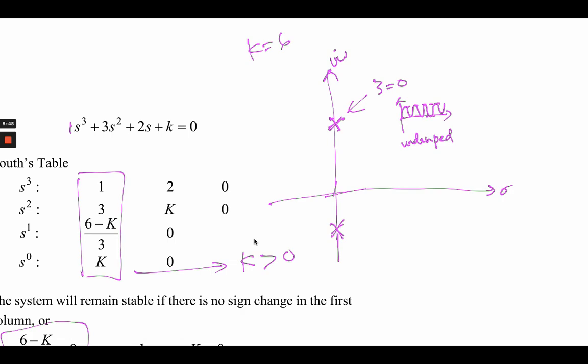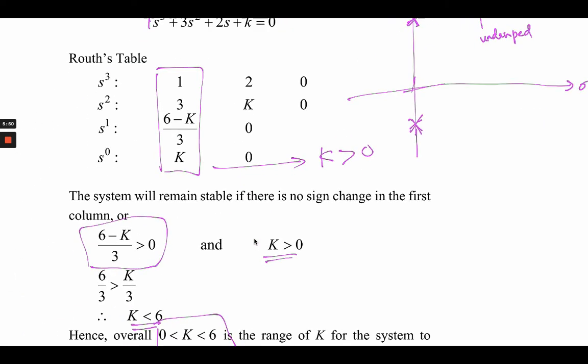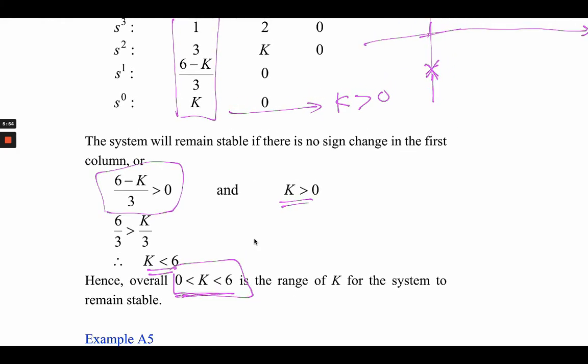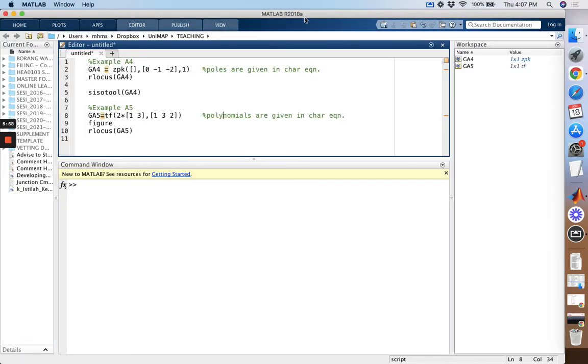All right, and we can show this using MATLAB. Let me show you the MATLAB here. This is the system GA4, from this example 4, where we have the term 1 over s plus 1, s plus 2.